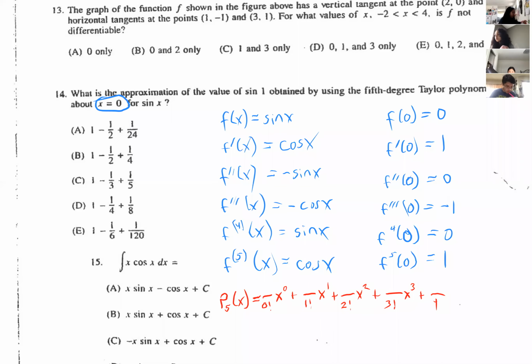Normally it would be x minus c, but our c here is 0. So I'm just writing it as x instead of x minus c. So x to the 4th plus something over 5 factorial x to the 5th.